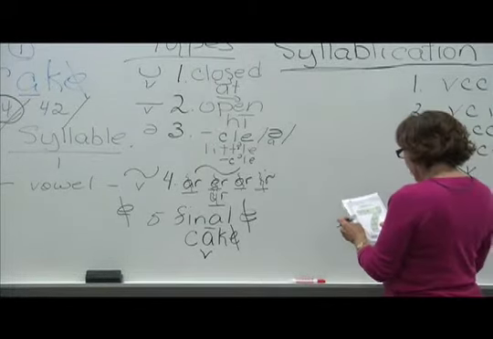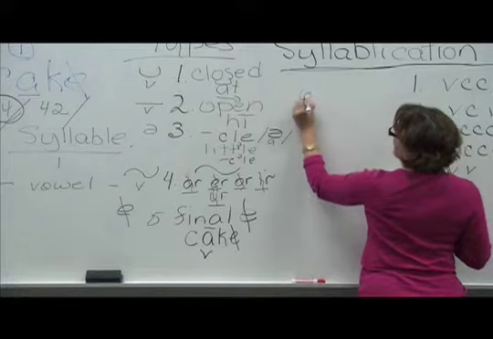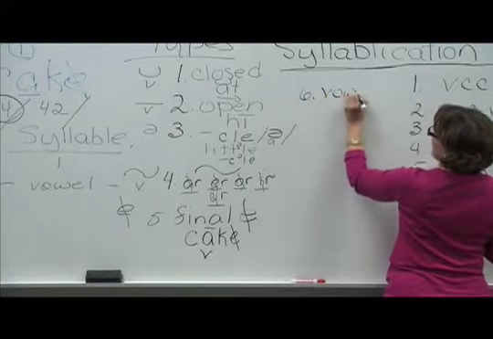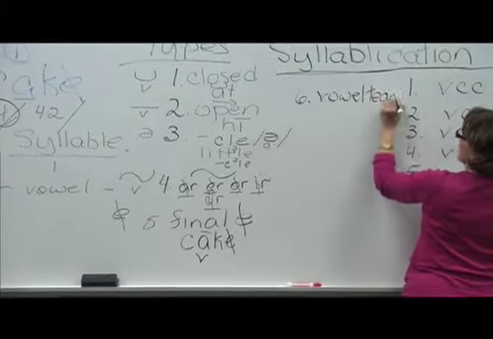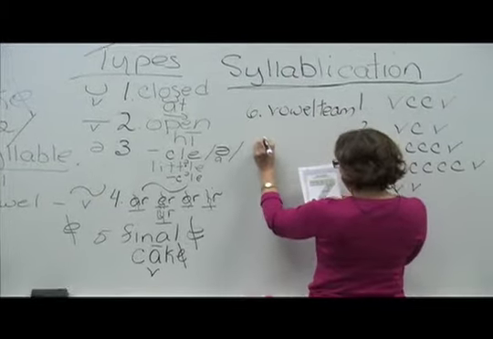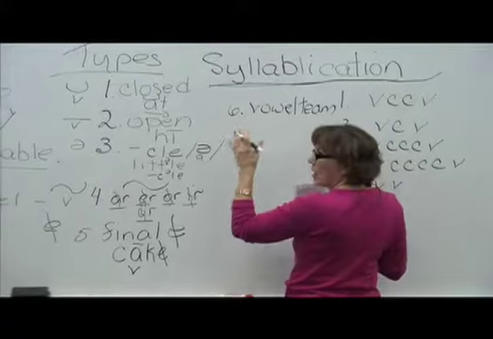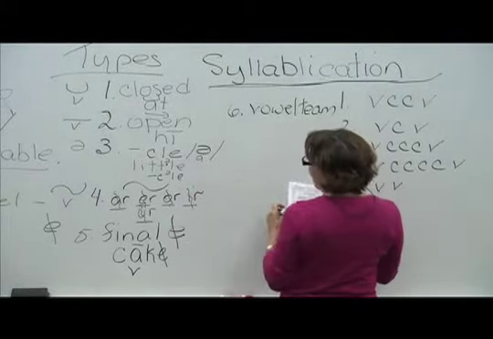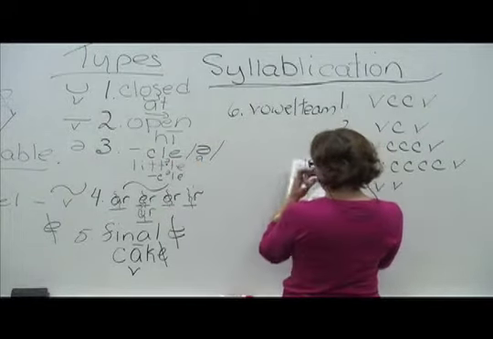All right? The sixth type of syllable is the vowel team. Remember, we went through these, and that's where you have two vowels together. Remember, it's as easy as 1, 2, 3, 4. I'll write those quickly for you. You transpose them again on your sheet.